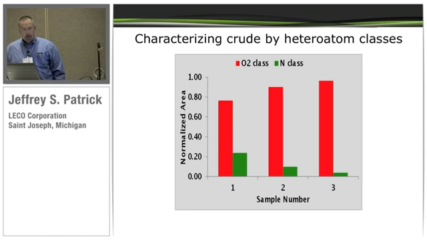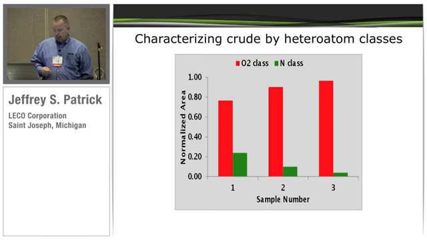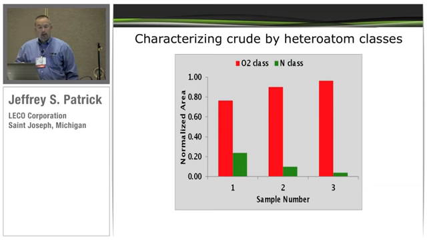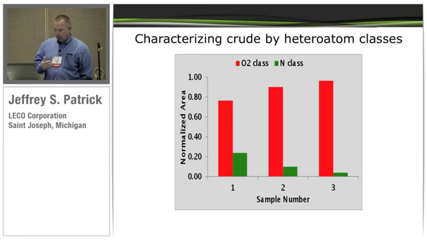Ultimately, the goal is to get information on what classes of compounds are available and what need to be modified for processing. Here we extract the O2 class and the N class from negative ion electrospray, so the naphthenic acids and the carbazoles, from 3 different samples. So we can see some level of discrimination between classes as well as different types of petroleum samples.